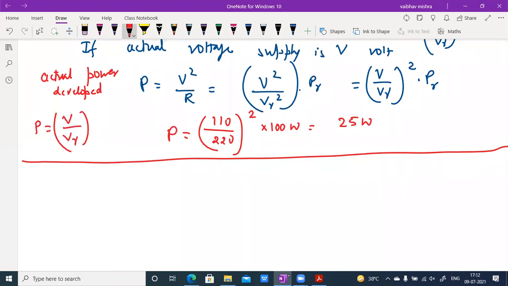Actual power is actual voltage divided by rated voltage square times rated power.